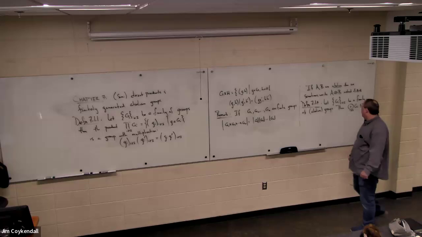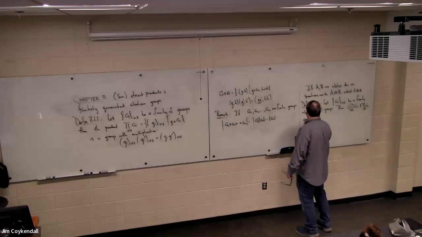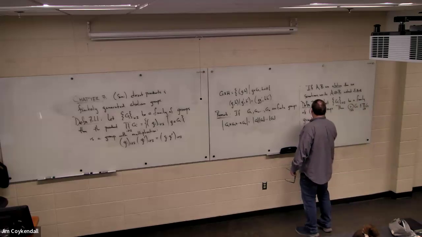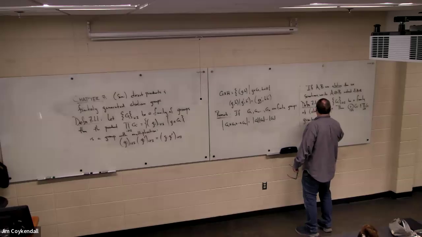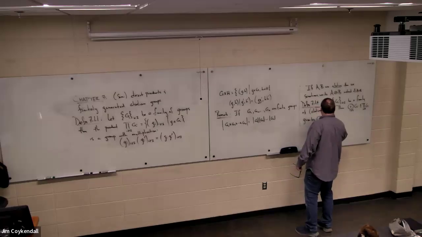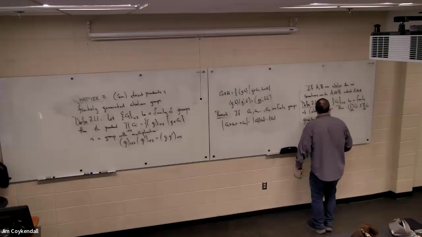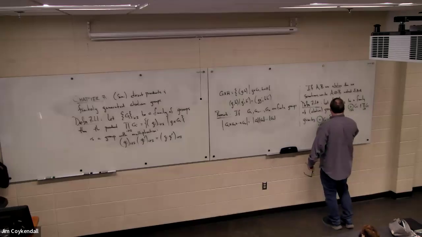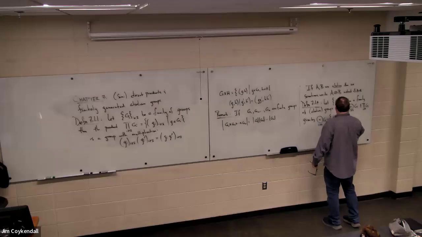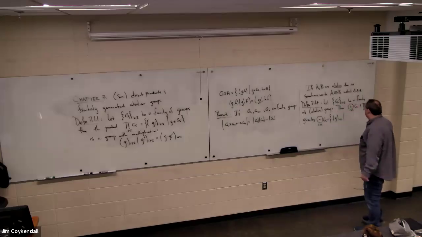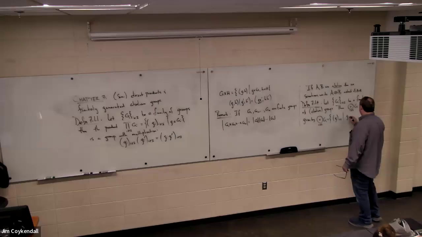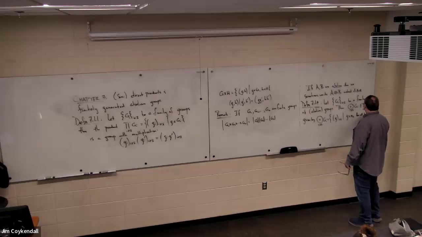And what's the subset? The direct sum is the set of elements where g_i is the identity of G_i for all but finitely many i.